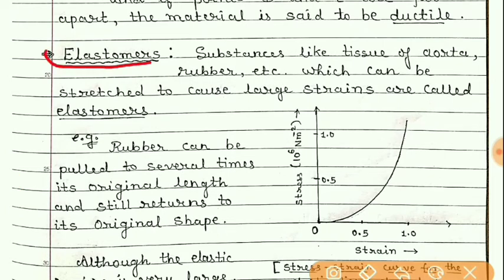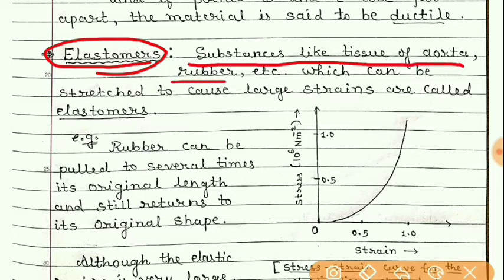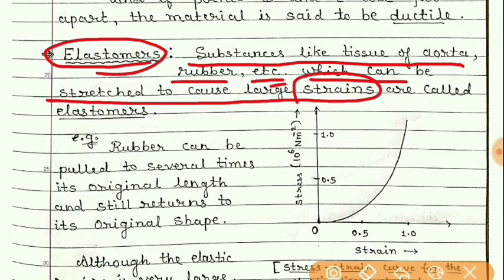Now about elastomers. Students, substances like tissue of aorta, rubber, etc., which can be stretched to cause a large strain, are called elastomers.